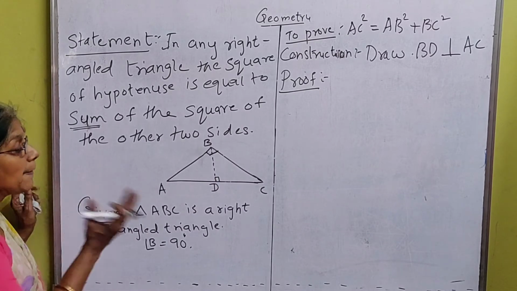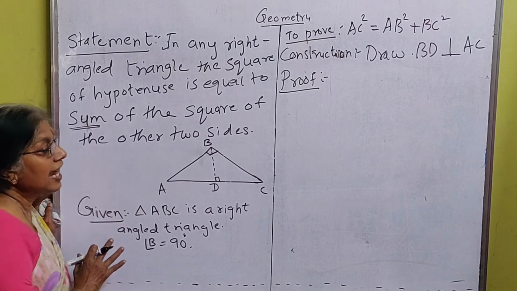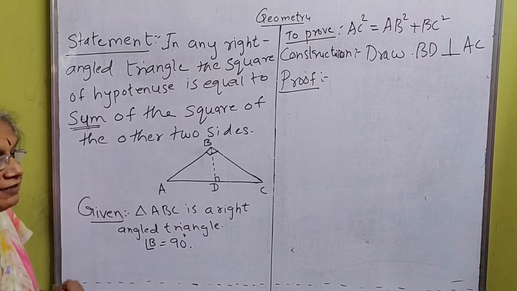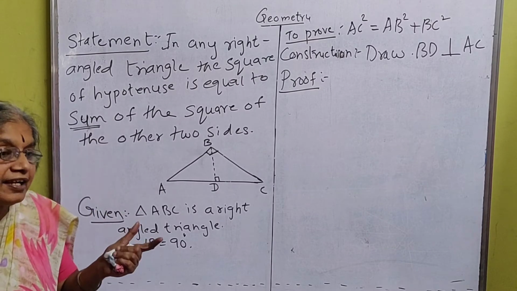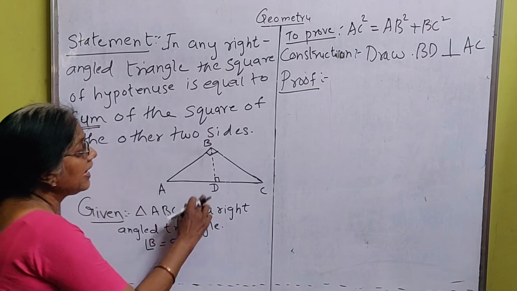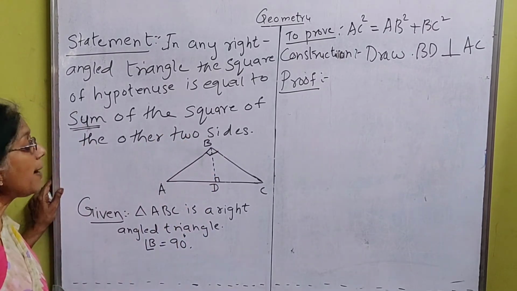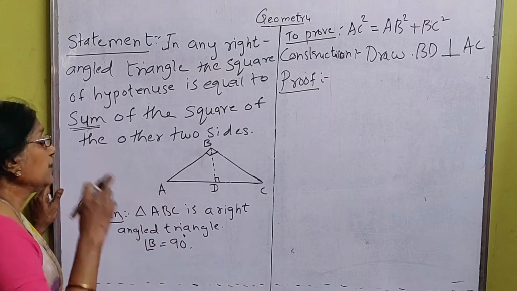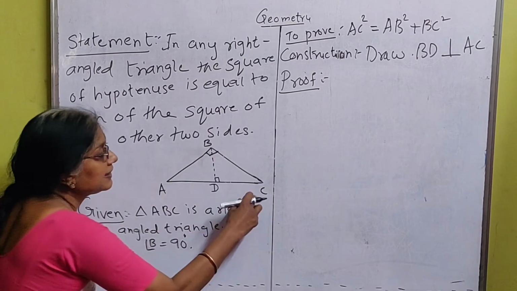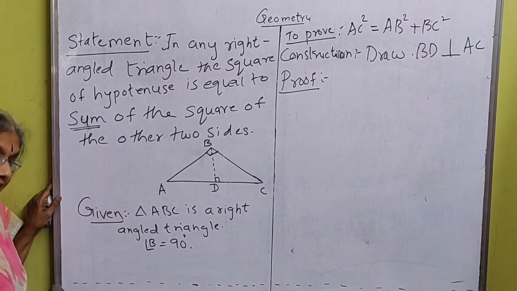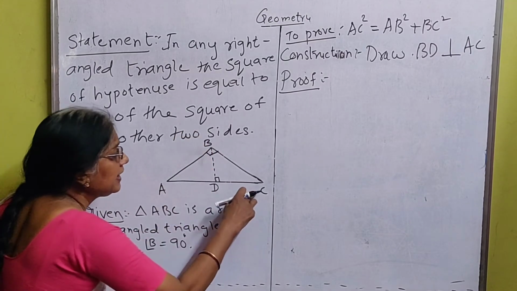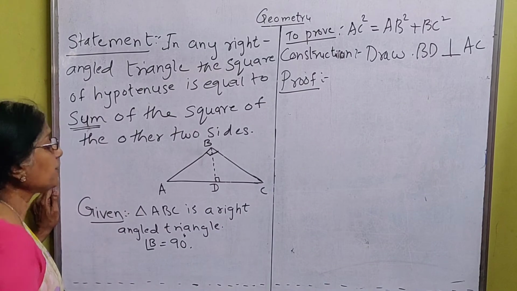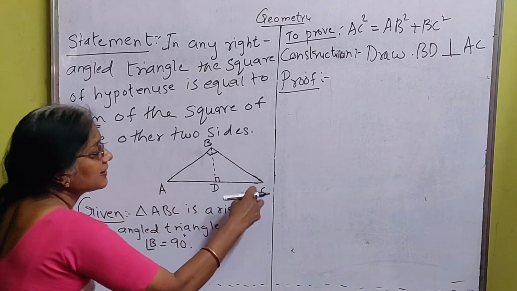So we are going to compare the triangles and prove they are similar, and then take the proportion of the sides. So which triangle to which triangle? The smaller triangle ADB, I am going to compare with the bigger triangle ABC. Then second time, the smaller triangle BDC, I will compare with the triangle ABC.